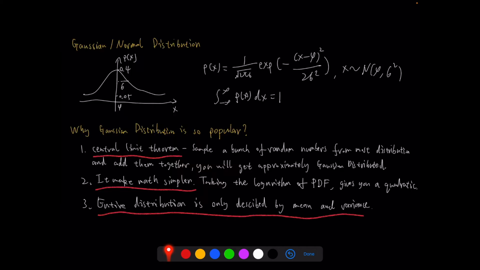Before going to MLE and MAP, I want to introduce some fundamentals of the Gaussian or normal distribution first. The Gaussian distribution tells us what's the probability of an event happening. In this plot, I plot a Gaussian distribution.